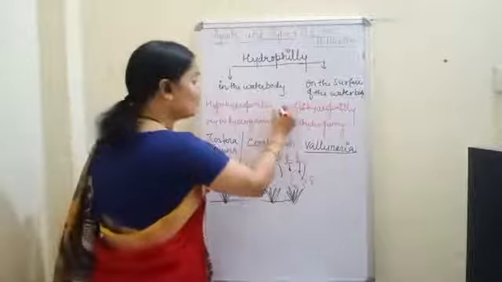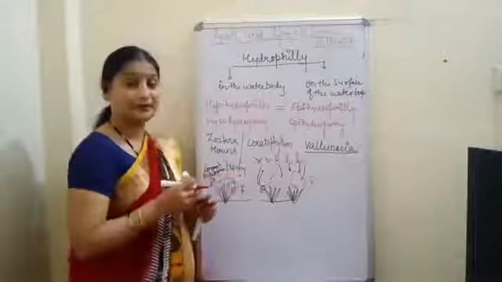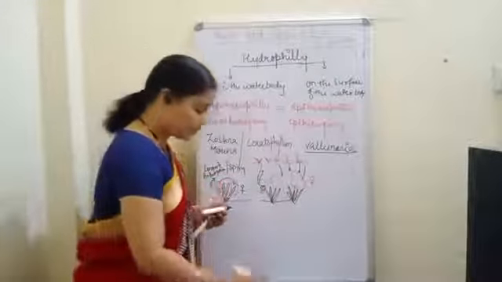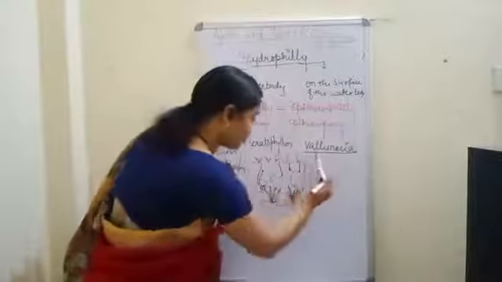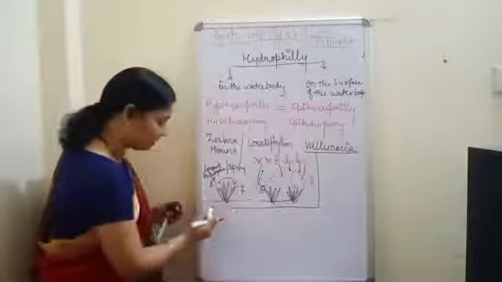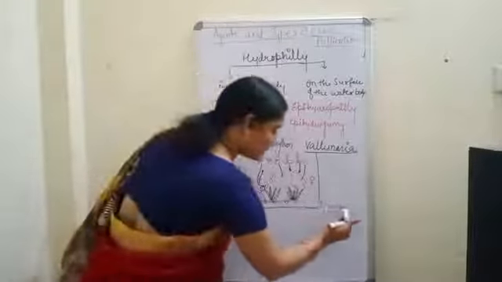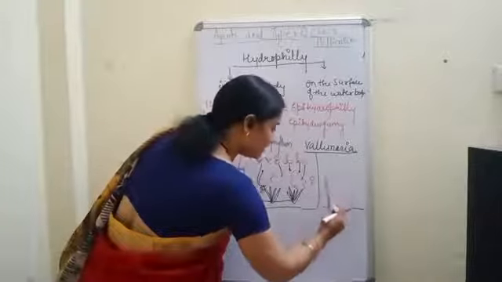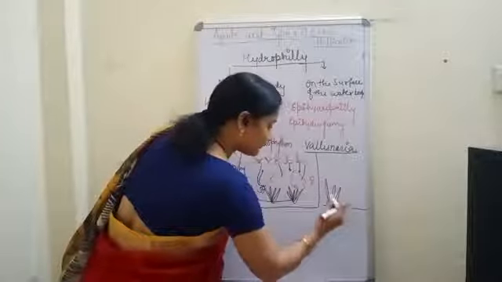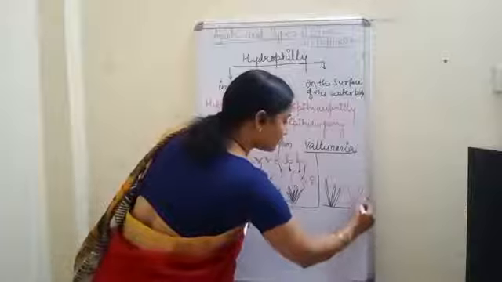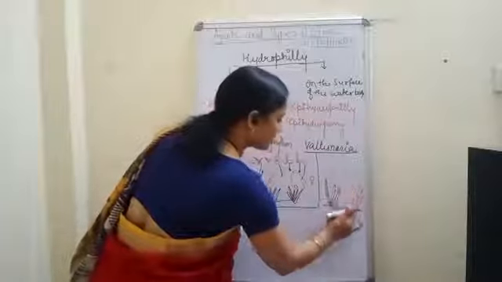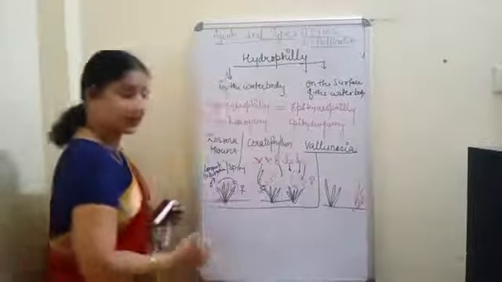Now see what happens in case of epihydrophily or epihydrogamy. The common example is Vallisneria. Where to draw? Here I am drawing, okay? Otherwise the figure is also given in the book. Now see, suppose this is the male flower and this is the female flower. Short, I am drawing only this much.